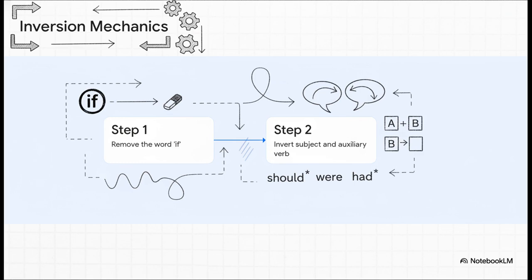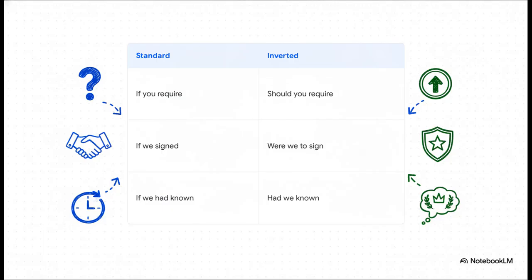Mechanically, it's pretty simple if you stick to the formula. Step 1, you completely remove the word if from your conditional clause. Step 2, you take your subject and your auxiliary verb, words like should, were, or had, and you invert them. They just swap places. And this brilliantly illustrates the direct translation from basic to executive phrasing across 3 different tenses.